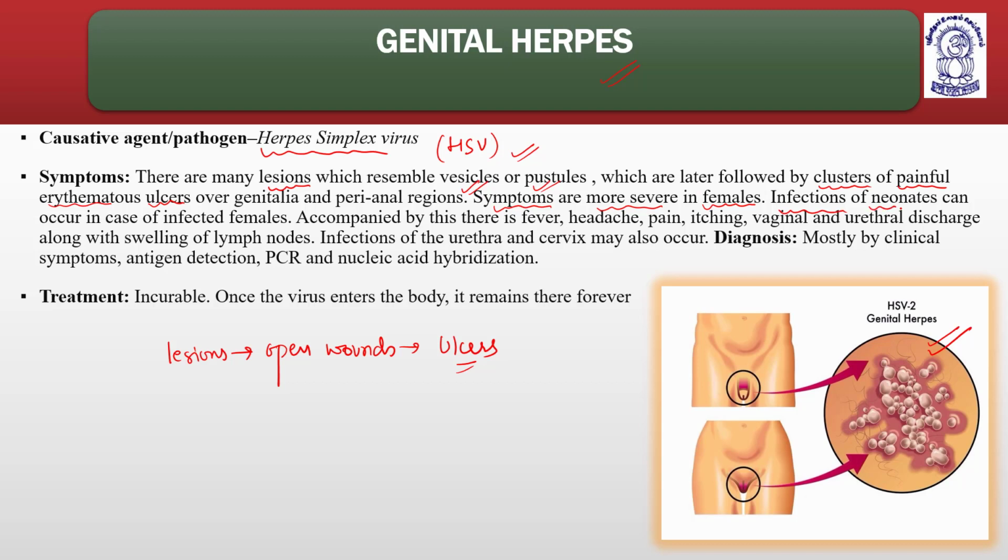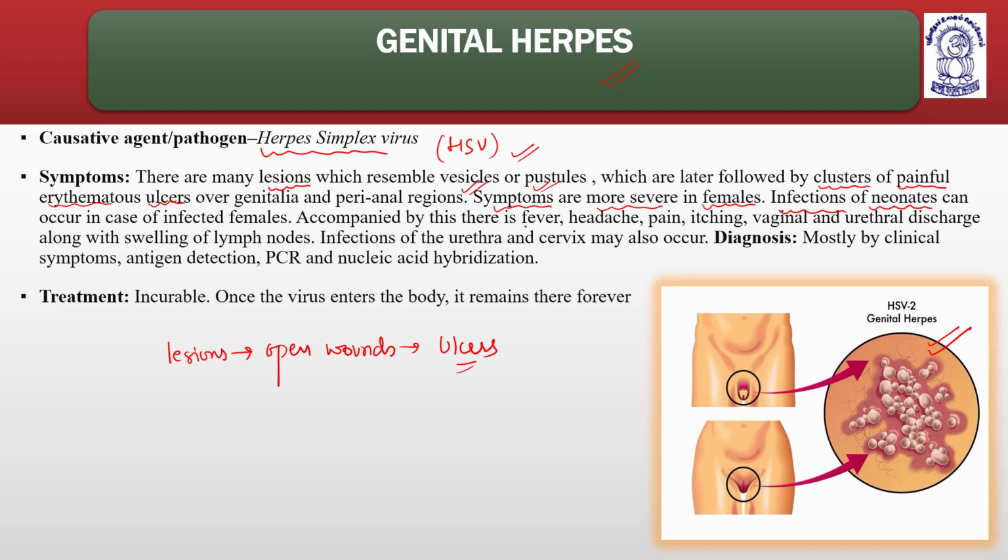Infections of neonates: a lady is pregnant and is about to deliver. If the female is infected and is just about to complete her gestational period and deliver the baby, the neonate can also acquire this infection.